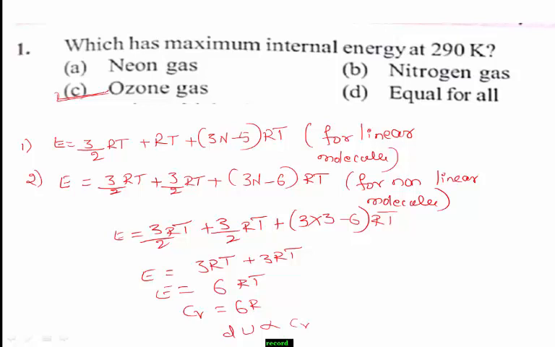For linear molecule, you use E equal to 3 by 2 RT plus 2 RT divided by 2 plus 3n minus 5 RT formula, right? Which one is the right answer? Ozone gas. It has maximum internal energy.